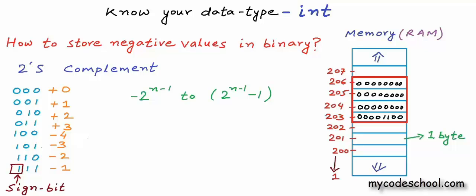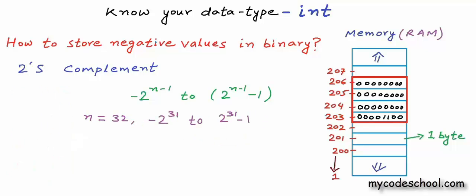Now, because with a given number of bits we can only have values in a certain range, for example, if n is 3, then with this encoding mechanism we can have values from minus 4 to 3. So if the result of an arithmetic operation is not lying within this range, we'll get an incorrect output because of an overflow or something else.